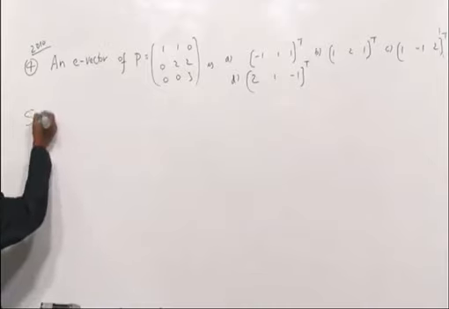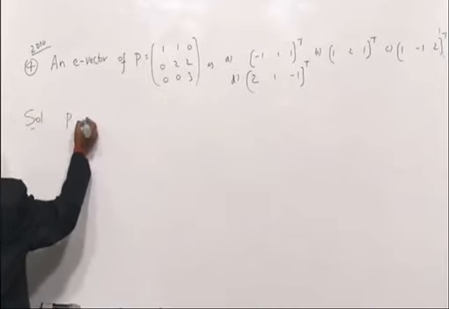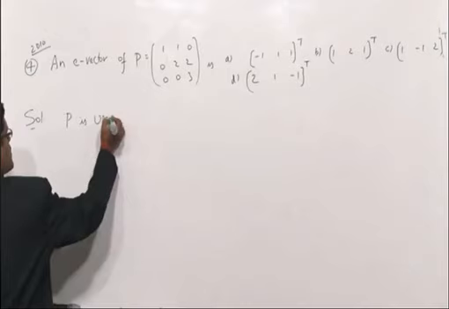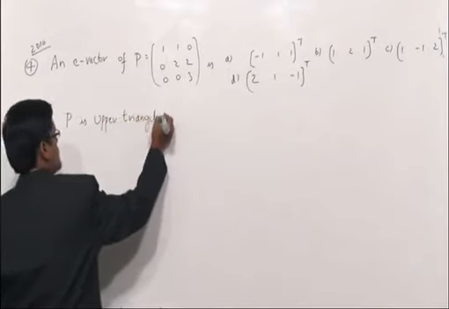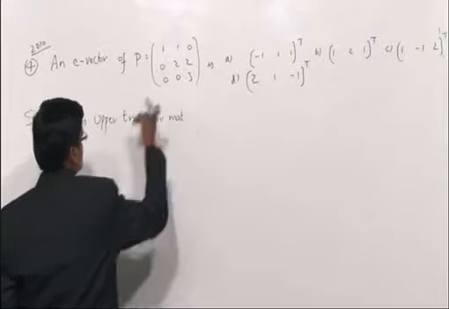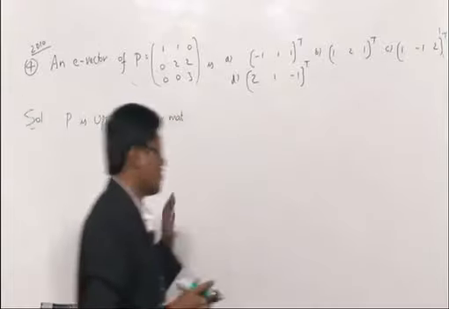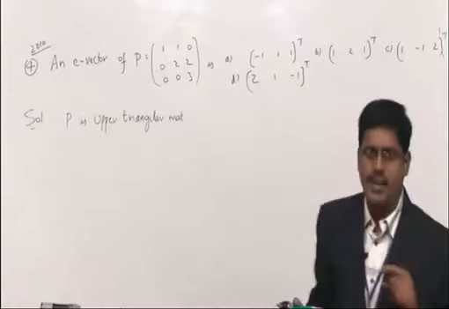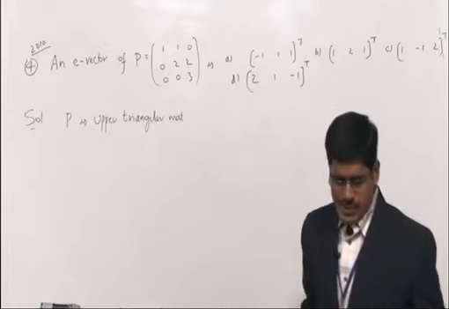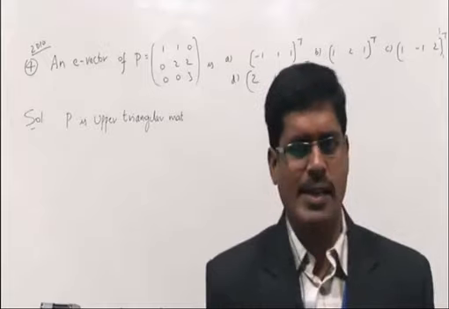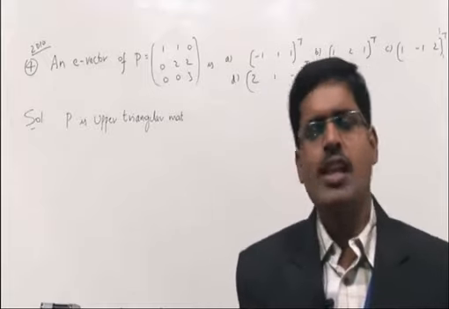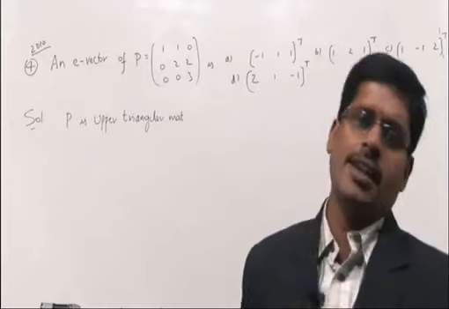Now observe, P is an upper triangular matrix, below the diagonal elements are 0. One of the properties I am going to explain after this problem is called the shortest method for some problems, eigenvalues. Whenever it is a diagonal matrix, scalar matrix, identity matrix, upper triangular, or lower triangular matrix, in such cases eigenvalues are nothing but just the diagonal elements only.